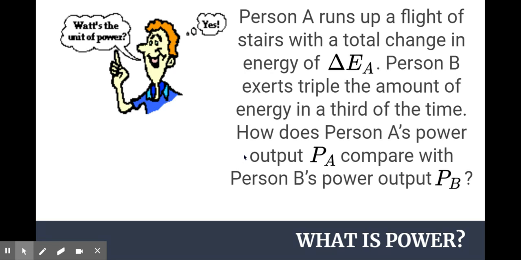Okay, so in this one, we're not necessarily looking for a specific value. It's simply asking us to compare the power of person A to the power of person B. Okay, is the power of person A 3 times the size of the power of person B? Is it half as big? That's what it's asking us to look at. So look at the equations that we have, see what you can make of this.